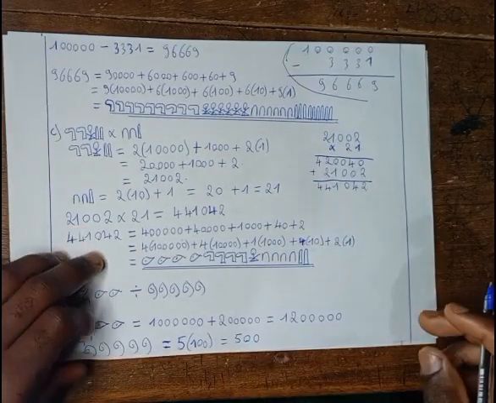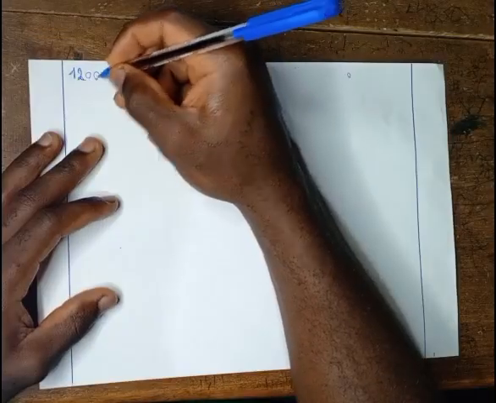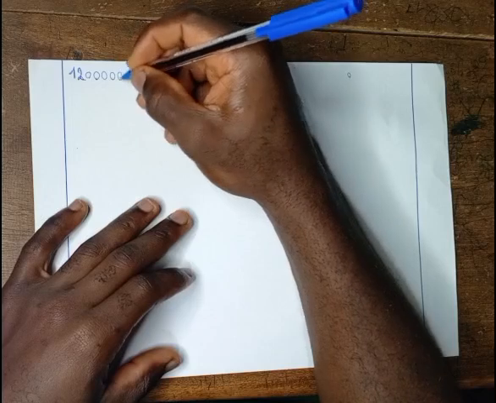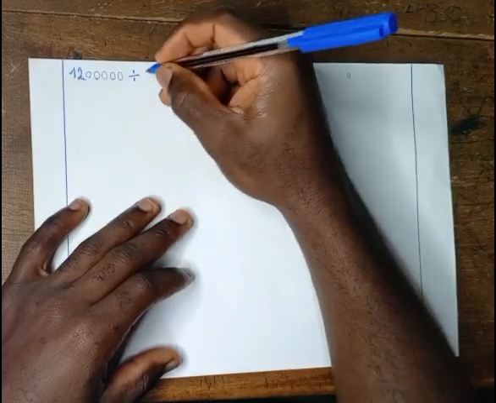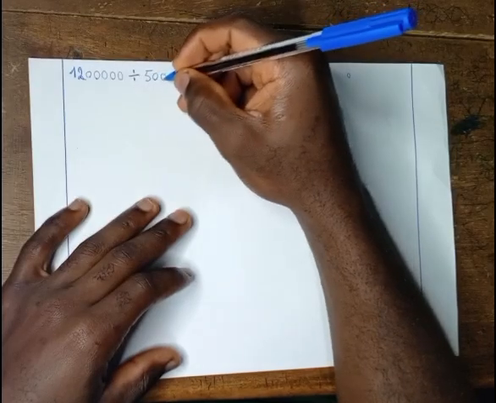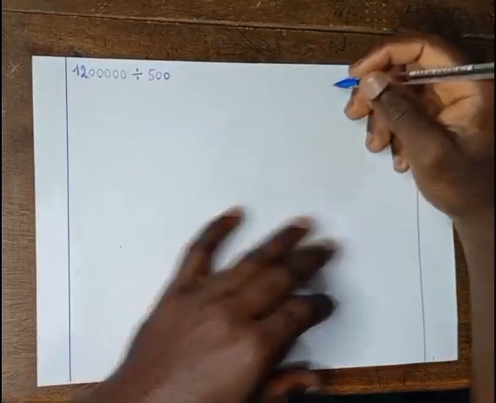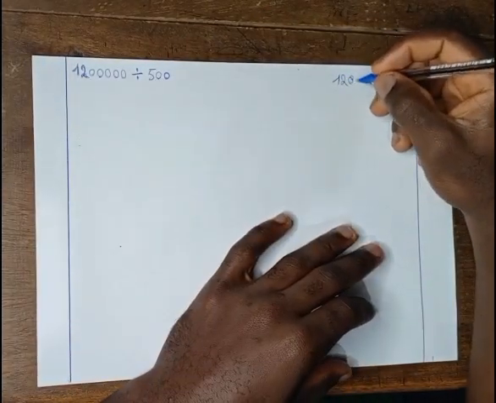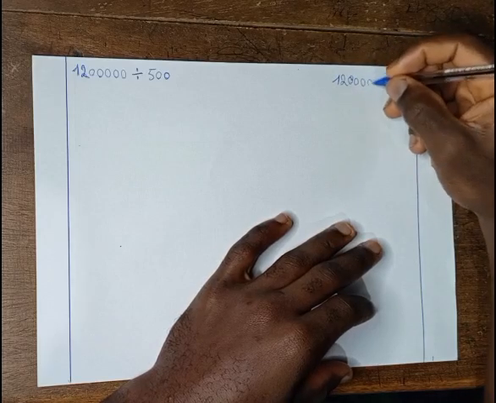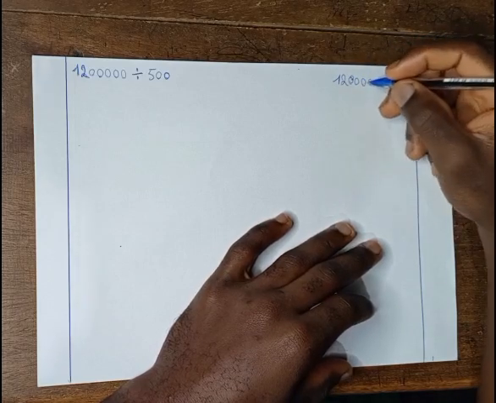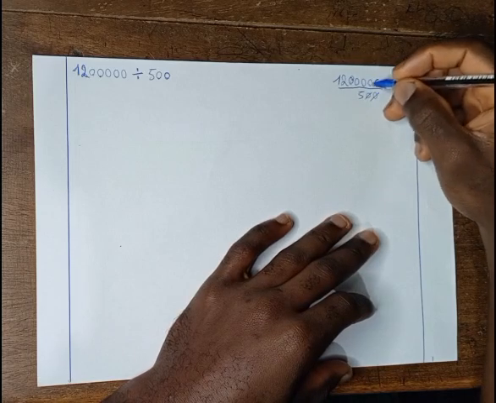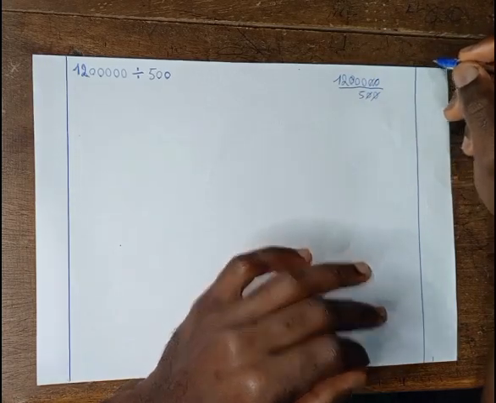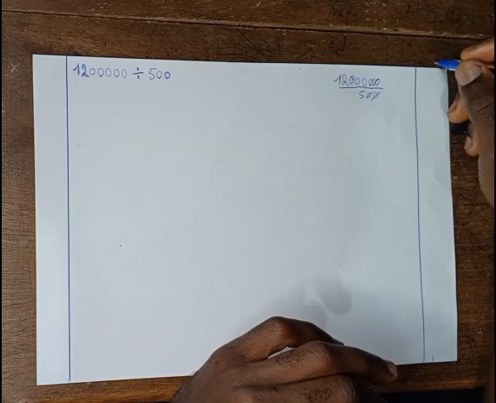We have to divide 1,200,000 divided by 500. If we are to perform the division here, we are going to say these two zeros will cancel these two zeros in 1,200,000.